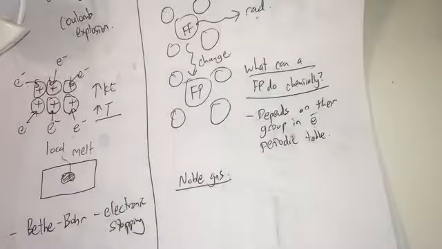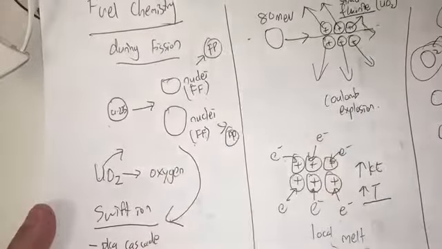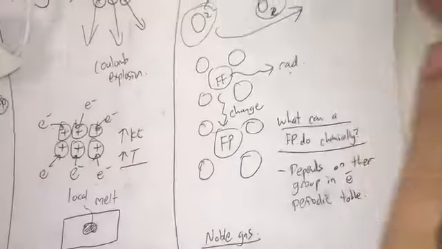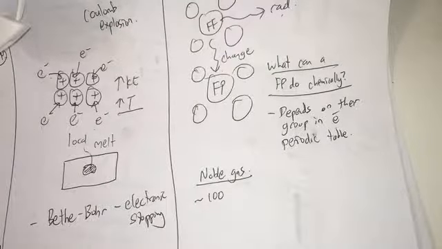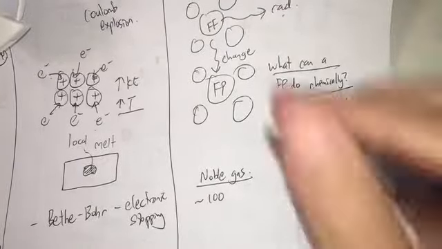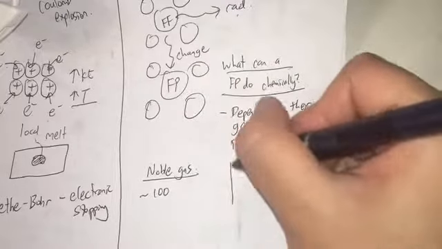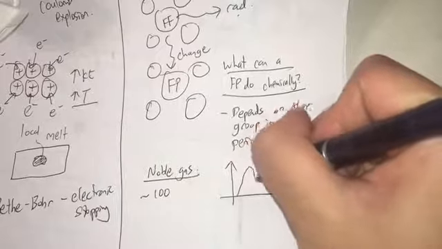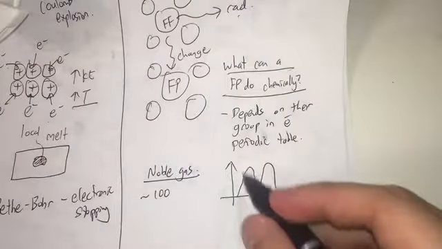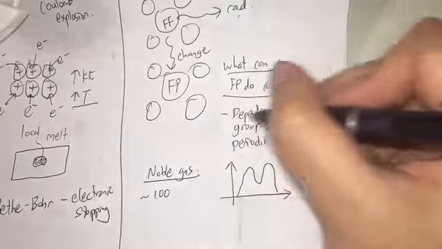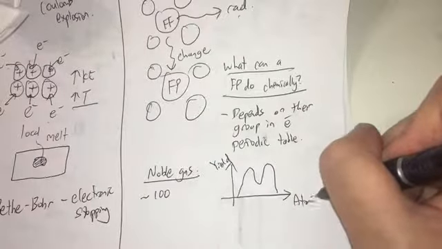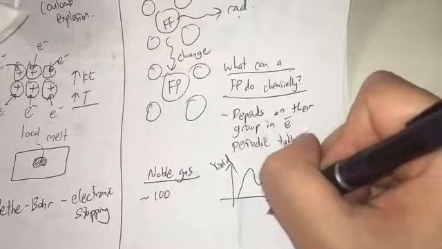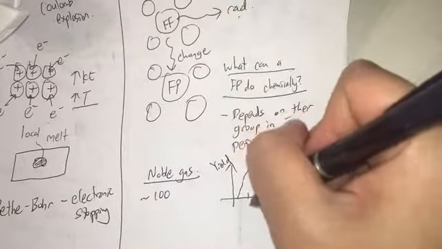So what kind of noble gas are usually formed during fission? Well, if this is splitting in two, we will have atomic weights of about 100, plus minus 100. And in fact, there is a certain fission yield that looks something like an M shape. Now this M shape is if we have a yield versus atomic mass, we'll have a peak here at about 140 and another peak here at about 90.